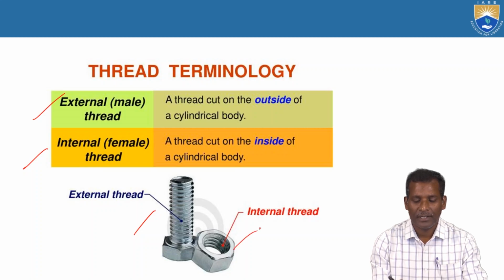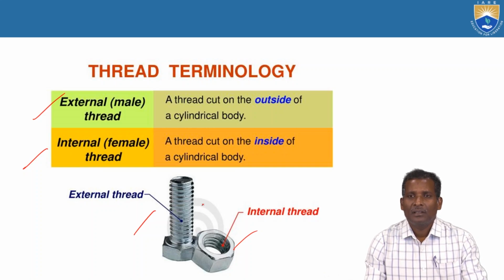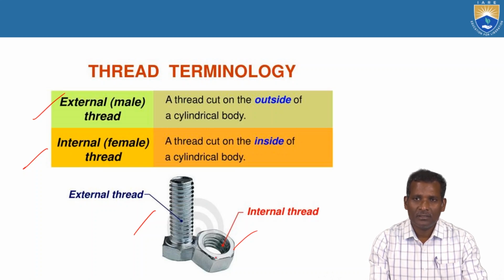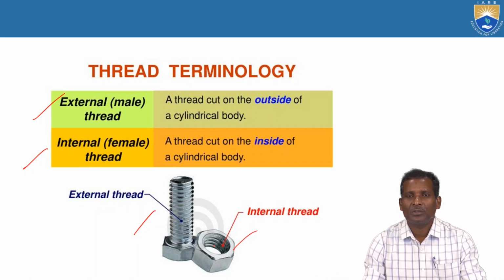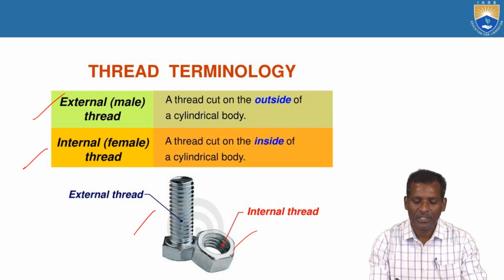and internal thread. So the thread portion is cut externally on a cylindrical object. Here, internally, the thread portion is there. So this internal thread is cut on the inside of the cylindrical body.